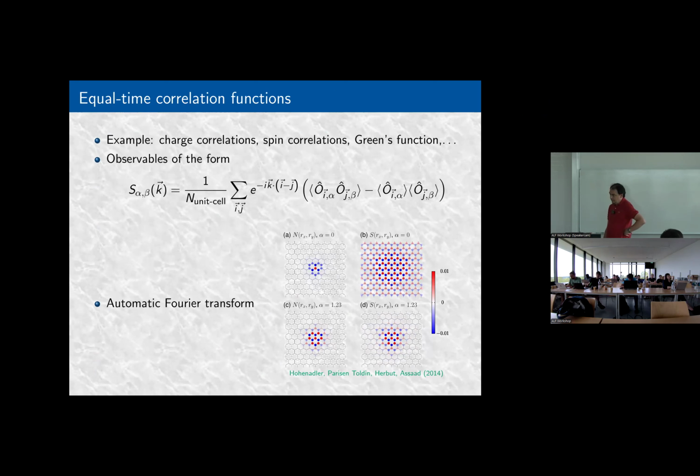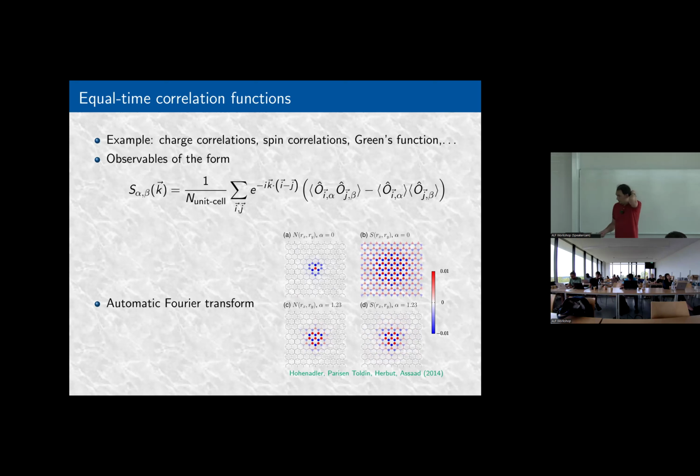Yes, so alpha and beta can be thought of, for example, as a sublattice of the system. In this example you have a honeycomb lattice. The unit cell has two sites, A and B. Then the spin-spin correlation will be a 2 by 2 matrix: the AA, AB, BA, BB correlation.